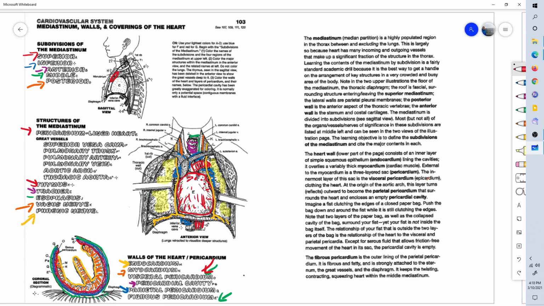If you were to grab a sac, and let's say the sac looked something like this. Let's say it was a paper sack, like that, and you were to grab it with your hands.